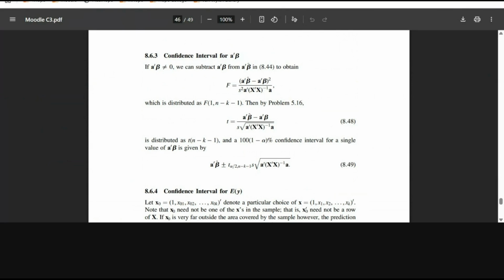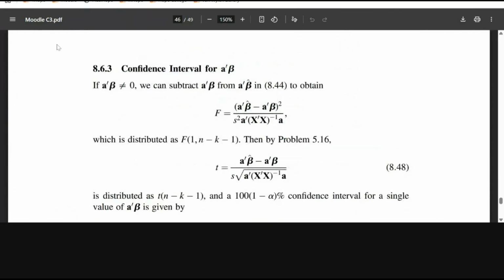Okay, I want to now turn your attention to the second part of the assignment. And to do that, we need to learn some new stuff. Look at equation 8.48 and 8.49. Let me zoom in.